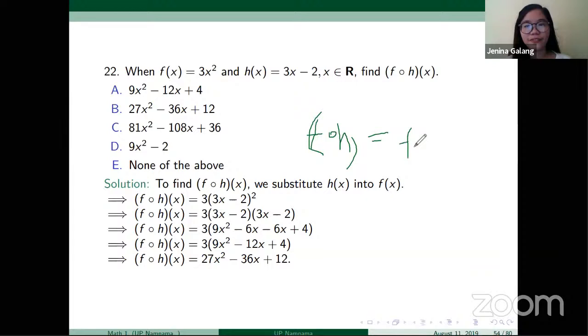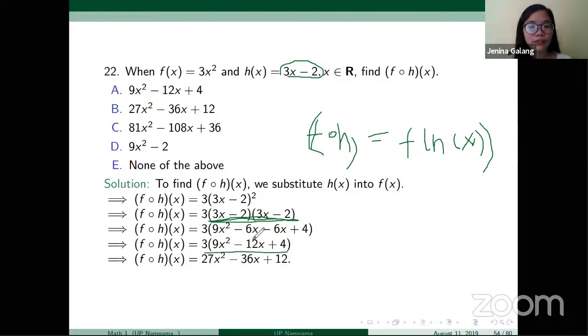F of h of x. So meaning, isa-substitute lang natin yung h of x doon sa x ng f of x natin. So we have 3 times yung h of x, which is 3x minus 2 squared. So we have this, expand lang natin, and we will have 9x squared minus 6x minus 6x plus 4.